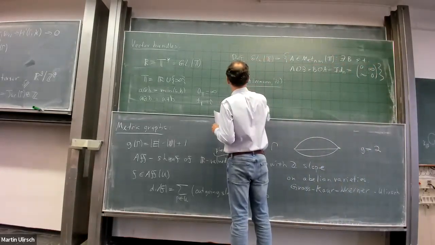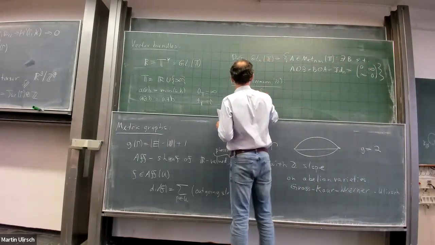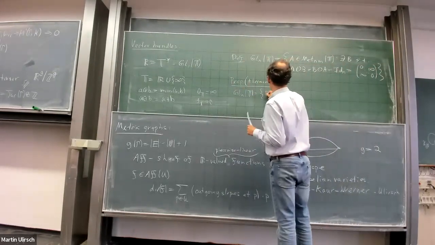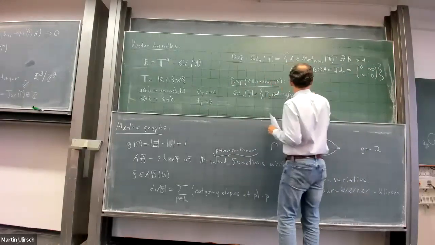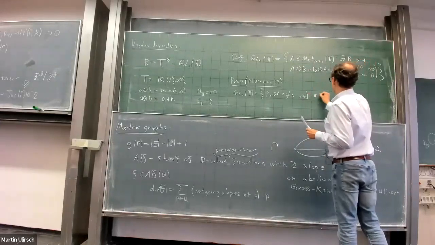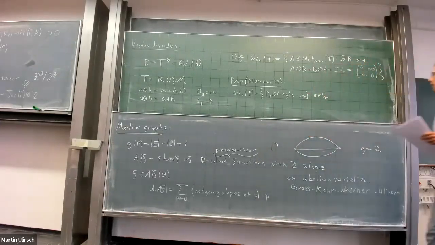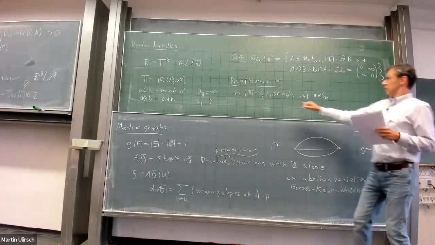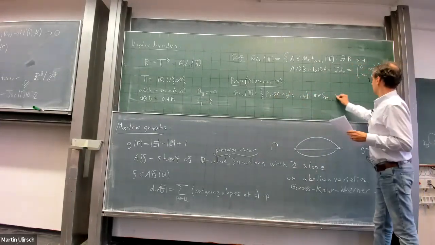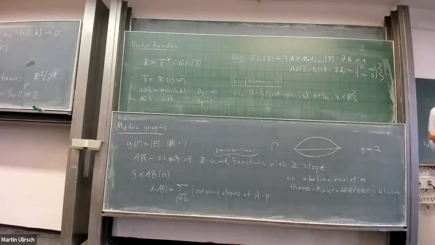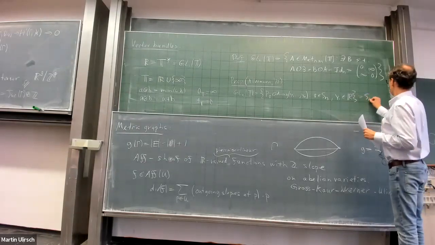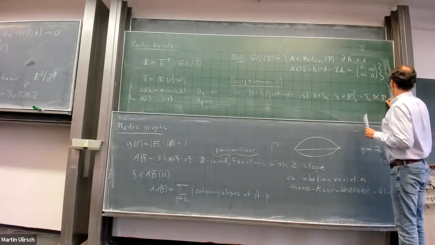So GL_n(T) consists of matrices of the following kind: P_sigma times the diagonal matrix, where sigma is just a permutation on n elements, and so that's the corresponding permutation matrix. And these diagonal entries are real numbers, non-zero tropical numbers. So in other words, this is a semi-direct product of S_n with R^n.